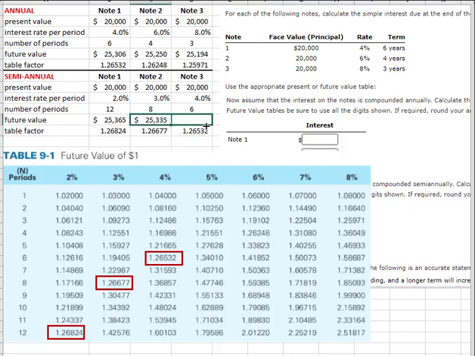And let's see here. So now the 25,306 includes the 20,000. So the first 20,000 of that is just repaying the original loan. So 5,306 is the interest portion of what's due at maturity.